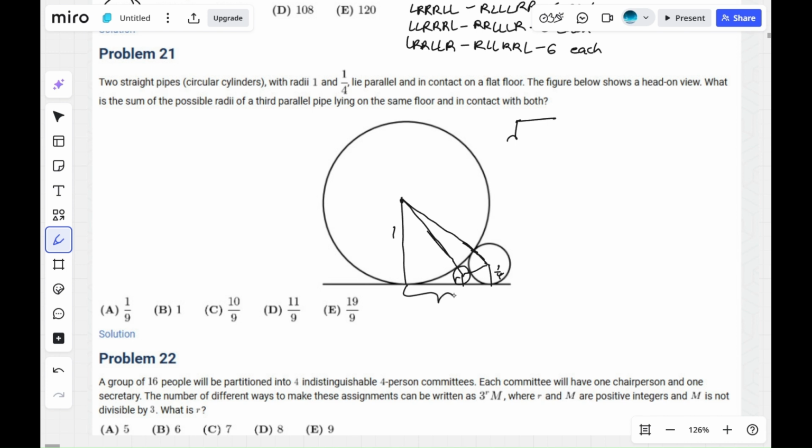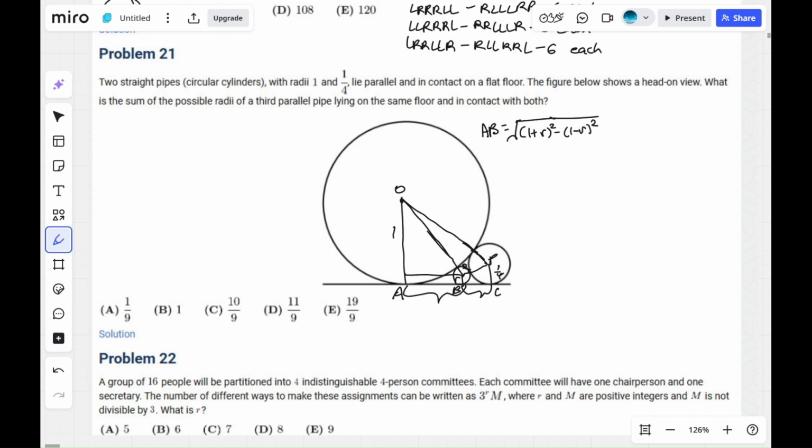So we can set variables, I guess. So A, B, C, O, P, and Q. So AB is equal to the square root of 1 plus r squared minus 1 minus r squared. Actually, no. It would be, if we draw this line over here, 1 plus r squared minus 1 minus r squared, and then the square root of that.